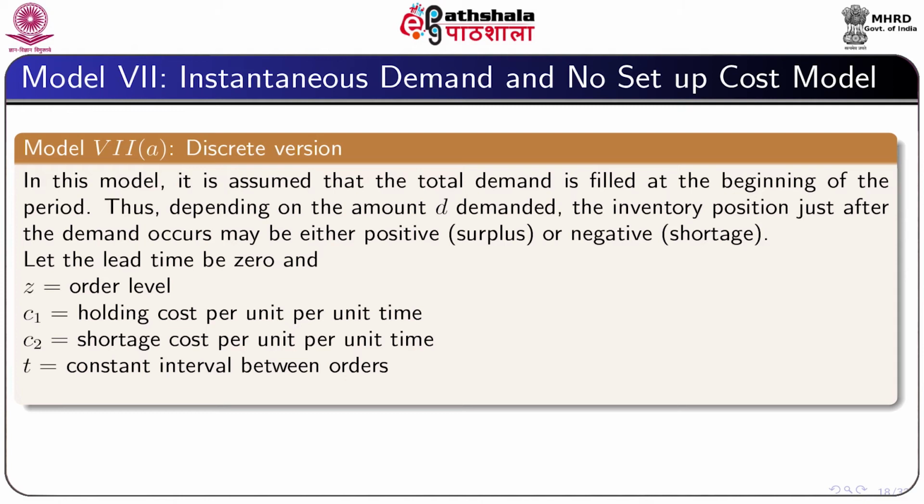Let the lead time be 0 and z be the order level. We assume C1 as the holding cost per unit time and C2 as the shortage cost per unit item. T is the constant interval between orders.